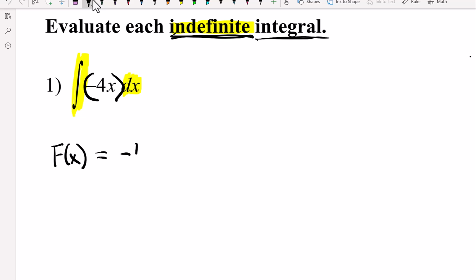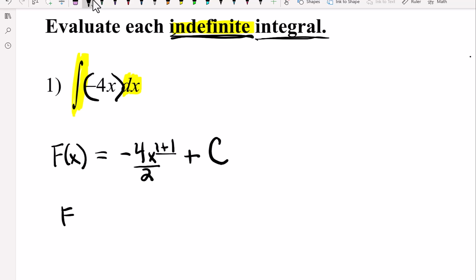So this is how you show your work. You add 1 to whatever this exponent is, and then you take that sum and divide that function by that number, but you also tack on that possibility, oh yeah, the original function could have had a number. We just don't know what that number is.